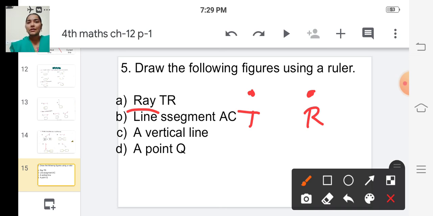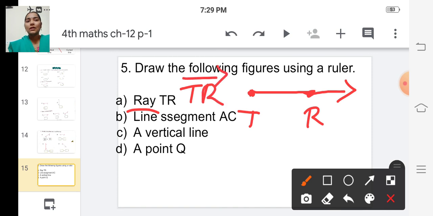We can take T as the one endpoint, first join and then extend from R and put one arrow mark. So this is the ray TR, or it can be written as TR with one arrow mark above it.